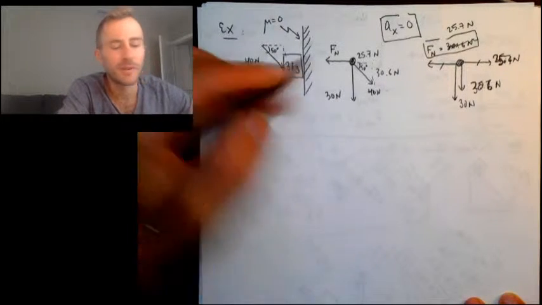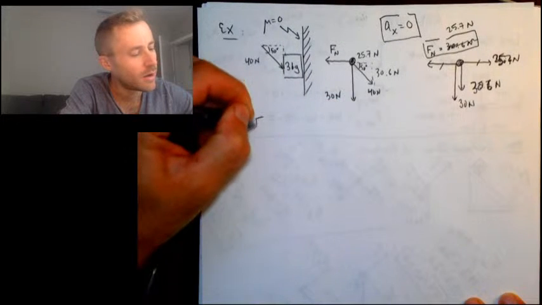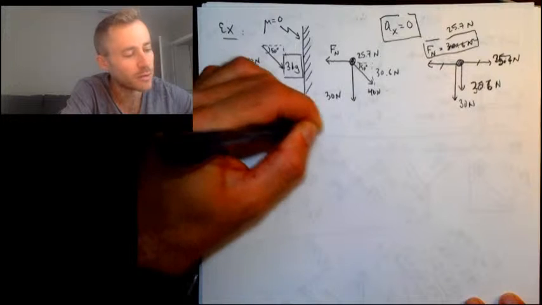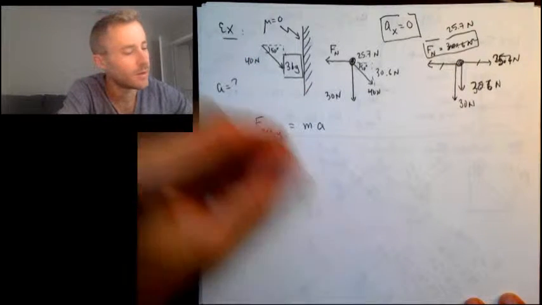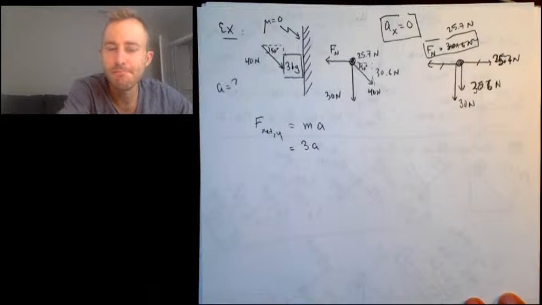So now that we have this correct free body diagram, who could tell me an expression for the net force in the y direction? I'll write this as 3a. Waiting for an expression for the net force in the y direction.